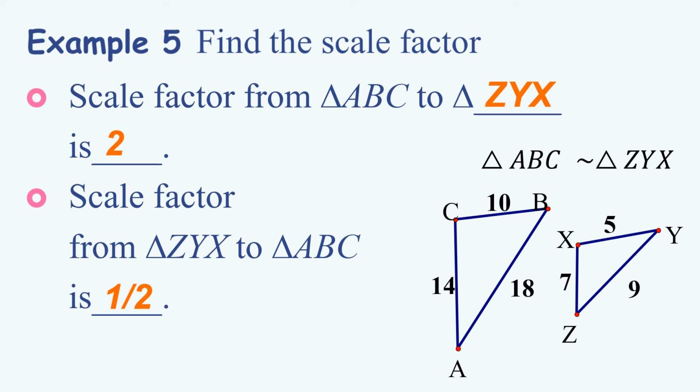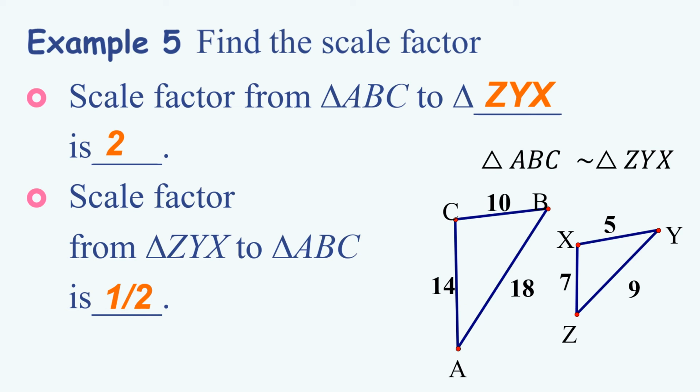And what is the meaning behind this? If the scale factor from ABC to triangle CYX is 2, the triangle ABC is twice as big as the triangle CYX. And for the scale factor from triangle CYX to ABC, the triangle CYX is 1/2 the size of the triangle ABC.